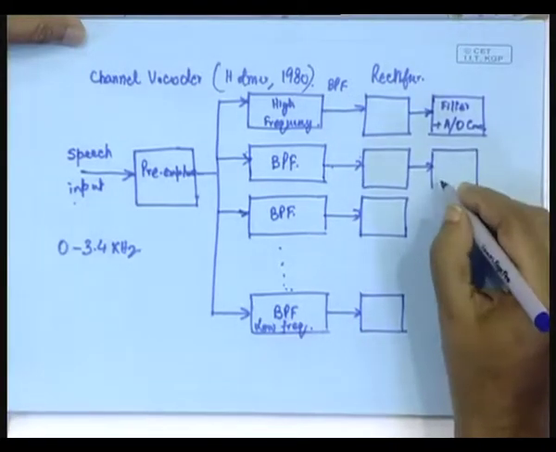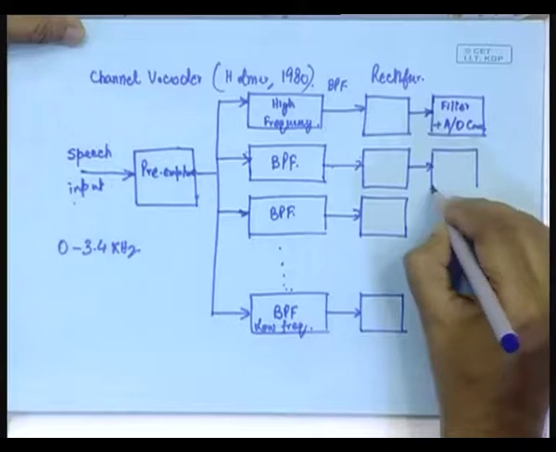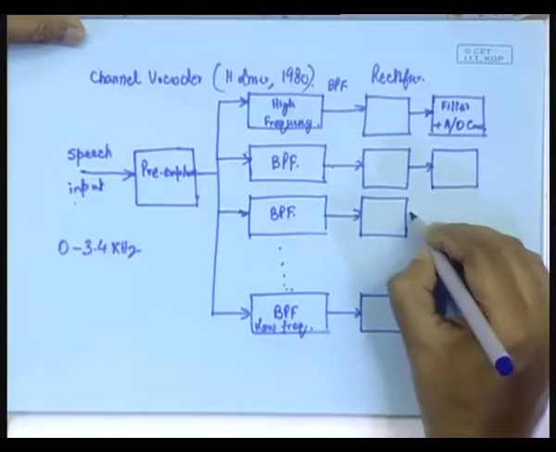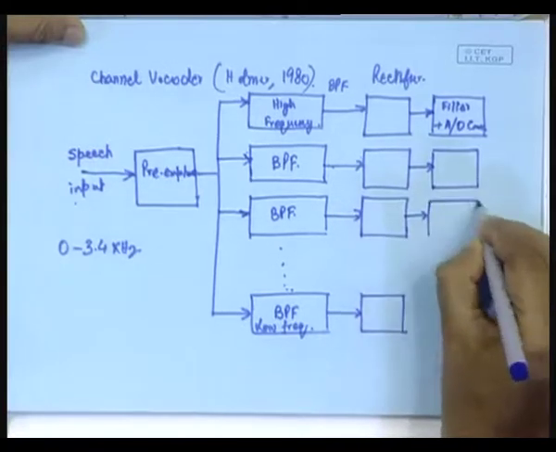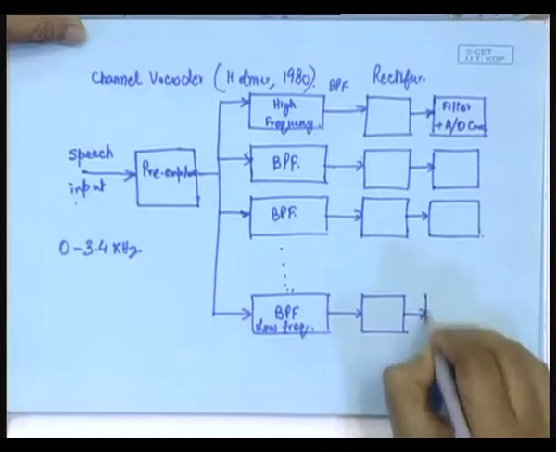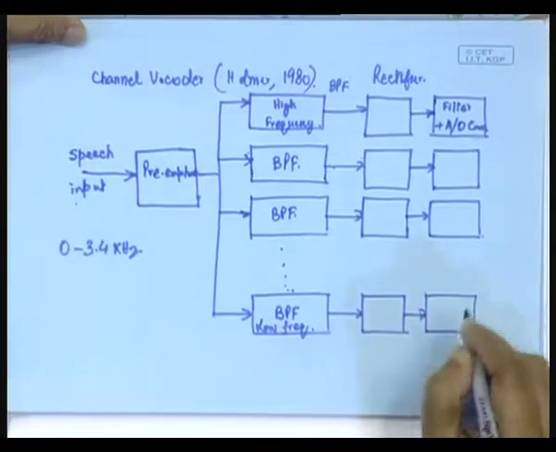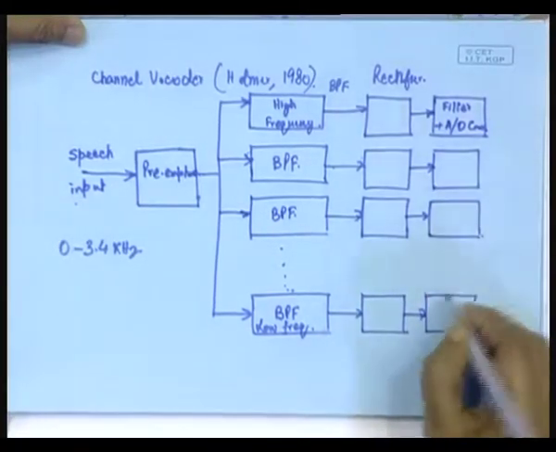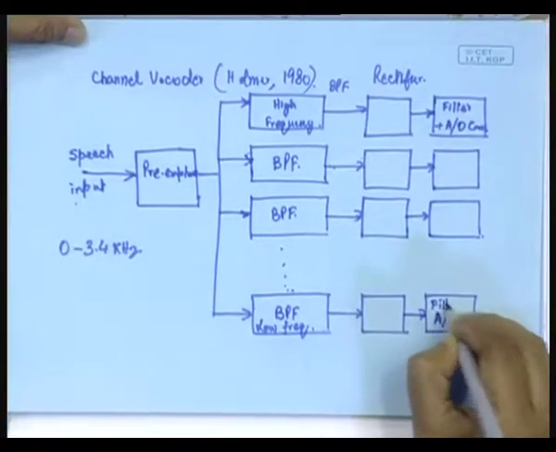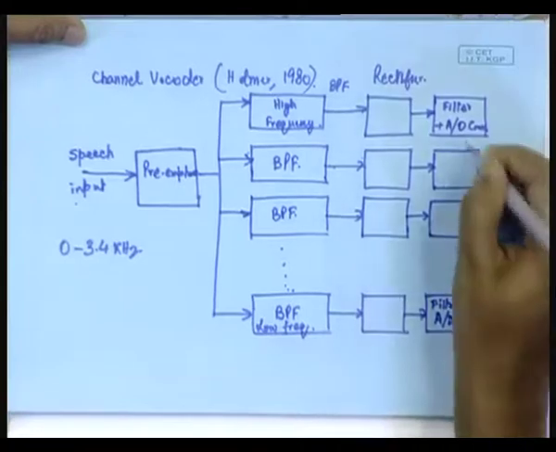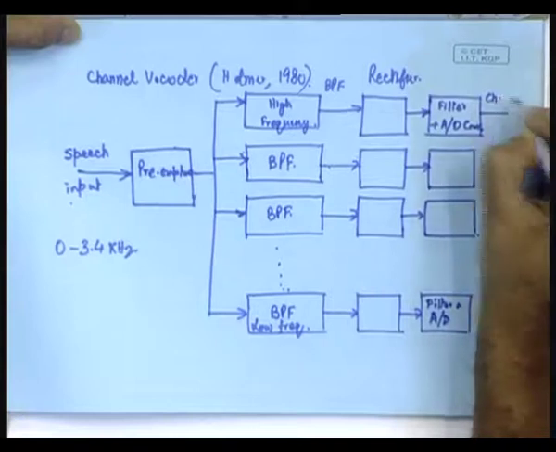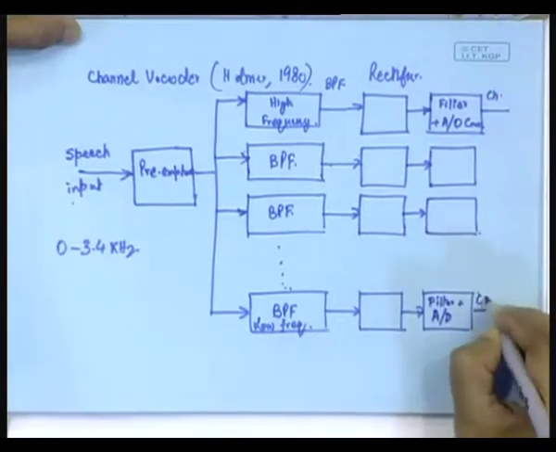Typically, in Homer's implementation, we have 19 such channels. So, we can number the channels like this. All these are the different filter plus A to D, and we start from the lowest frequency.